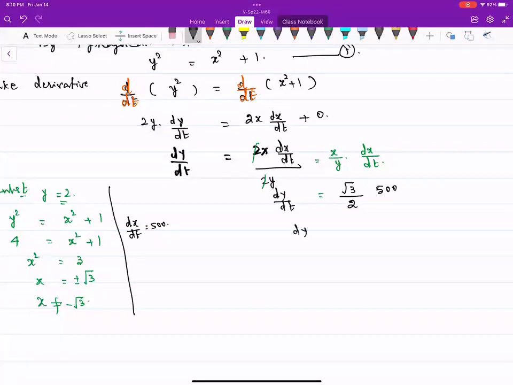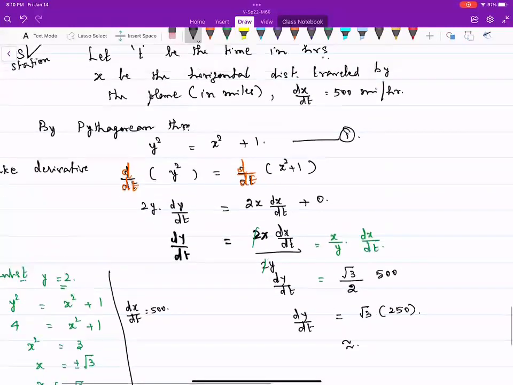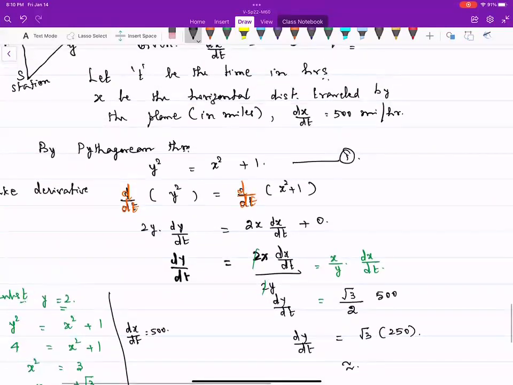So what is dy by dt? Equal to root 3 times 250, if you can cross it out. If you use your calculator, you can leave it like this. What is y? y is measured in miles and t is measured in hours.